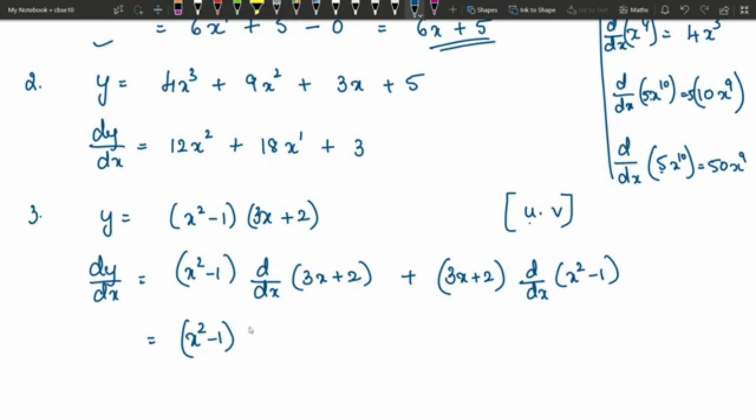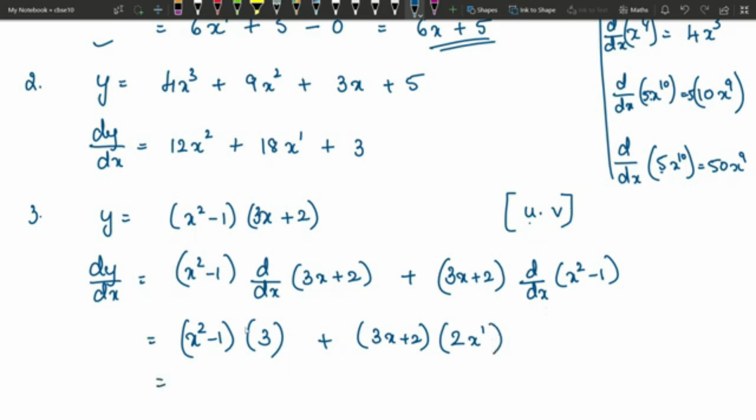What is the derivative of 3x? 3, plus, what is the derivative of a constant? 0. So 3 plus 0 is going to be 3. Now 3x plus 2 into the derivative of x square minus 1. What is the derivative of x square? There is no coefficient, so directly you write the power 2 into x power 1 less, minus the derivative of 1, which is 0, so I am not writing it.